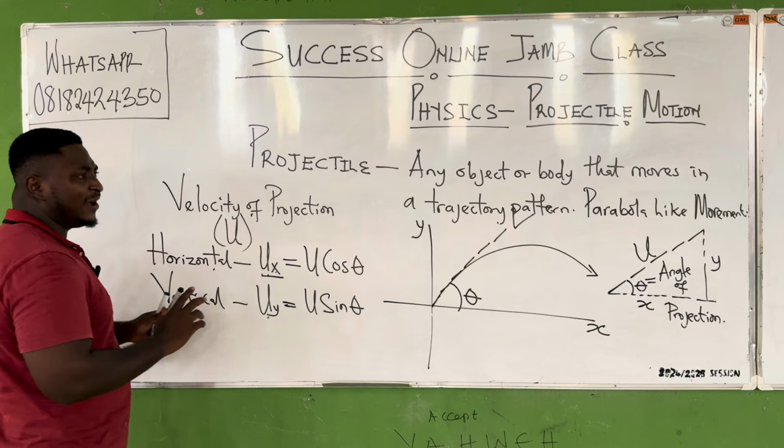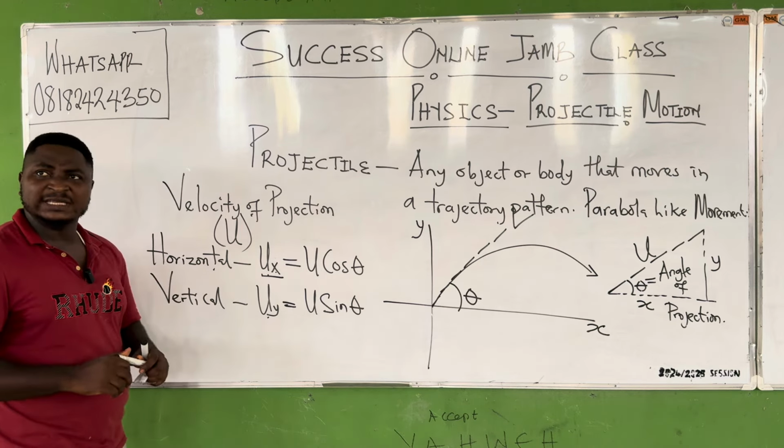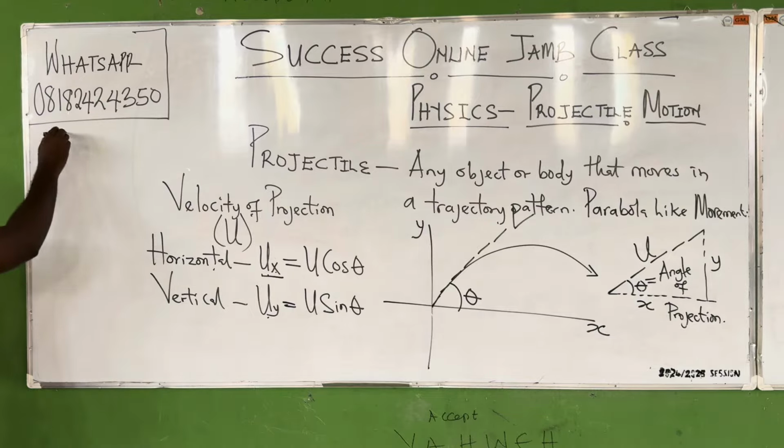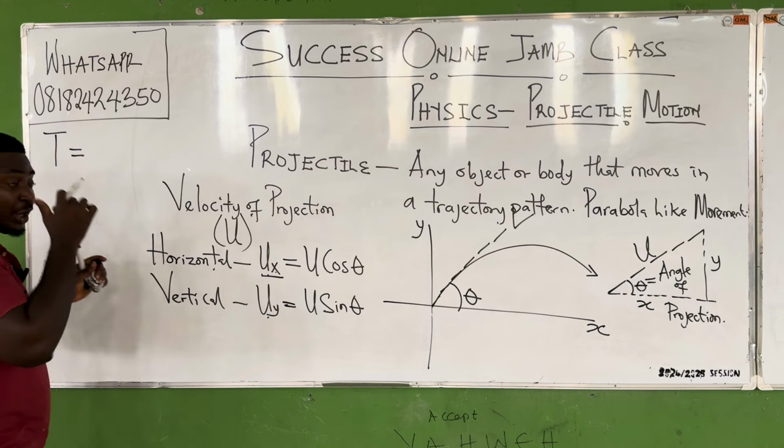Another thing we need to take note of, a very important formula when dealing with projectile motion, is the time of flight. In fact, there are three major formulas in projectile motion that you must know.